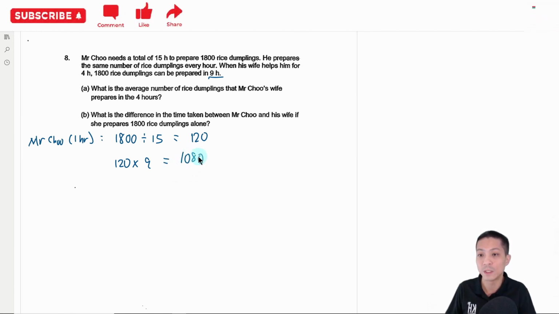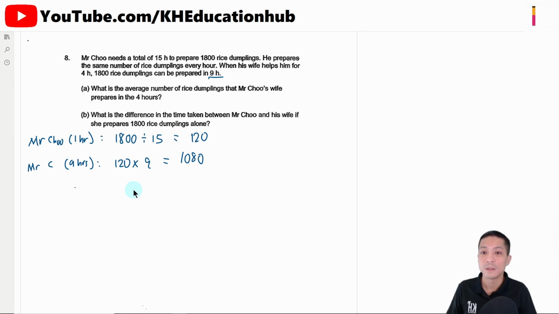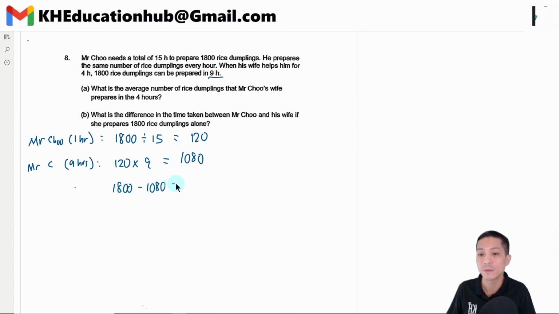Okay, 1080. So, this is Mr. Chu, 9 hours. Okay, so next I need to find out 1800 minus 1080.